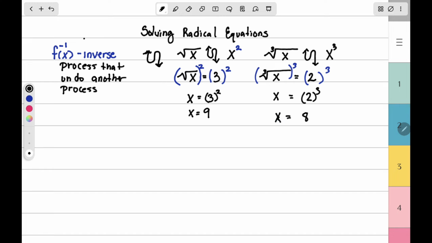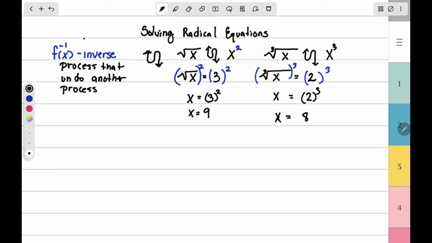All right. So when we get to the end of the problem, almost the last thing you'll do is to get the x by itself. And you do so by removing the radical using the inverse, right? All right.